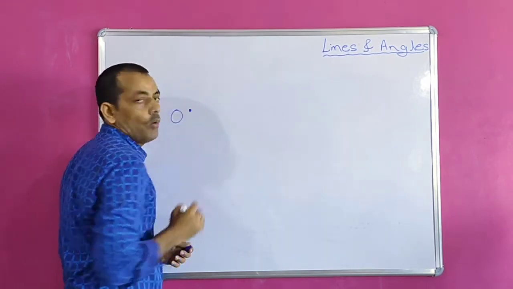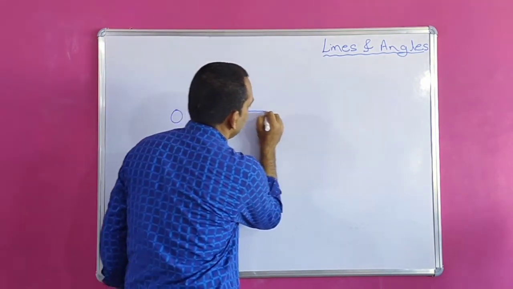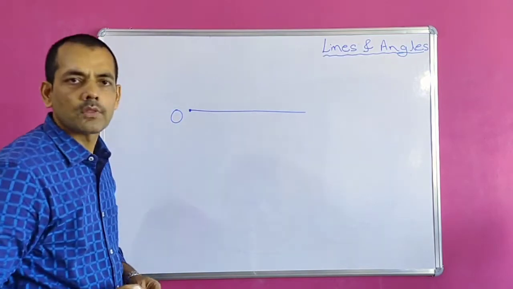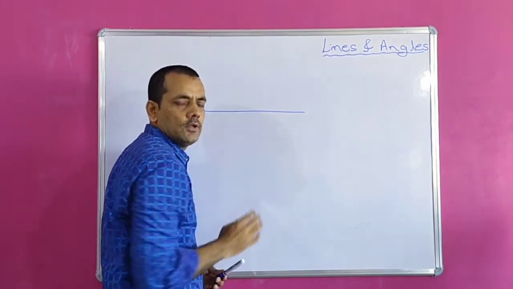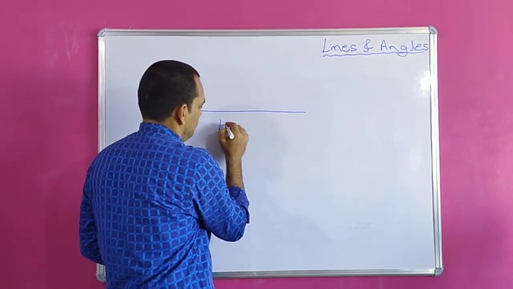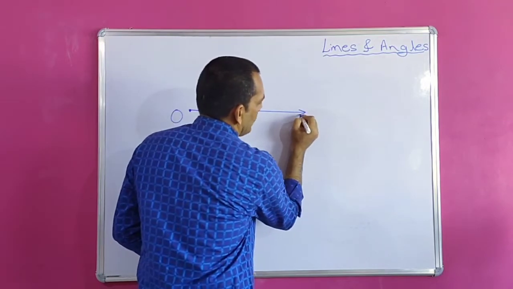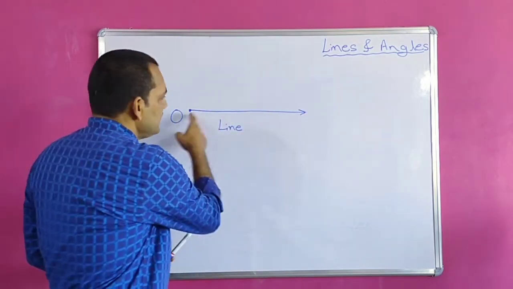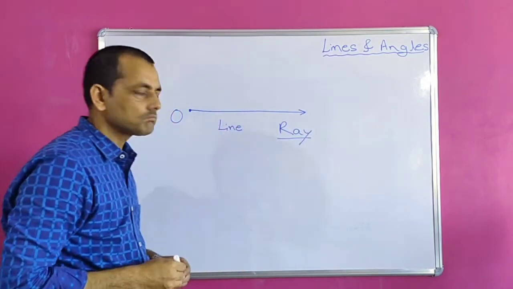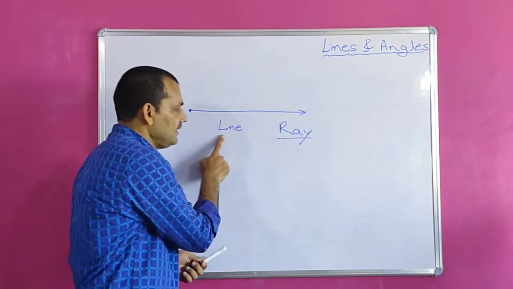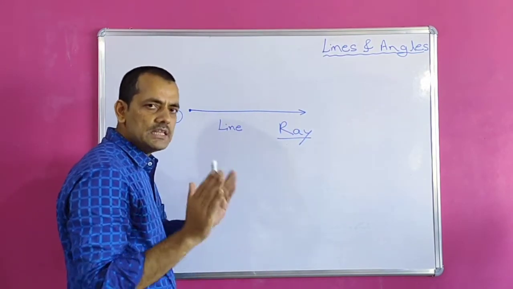Let's name it O. If we extend this point in a particular direction, then this length which has no width is known as a line. If we put an arrow at the end, then this entire thing will be known as a ray. So a line is a length which has no width, in simple words, in geometry.